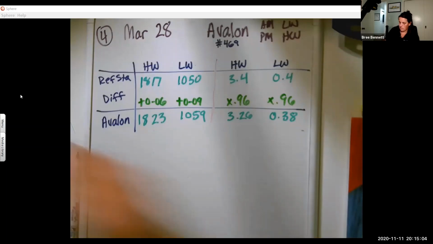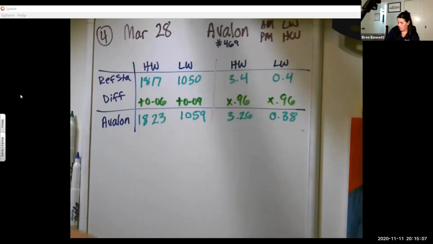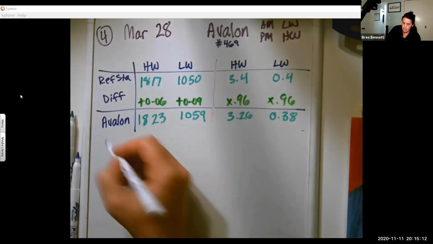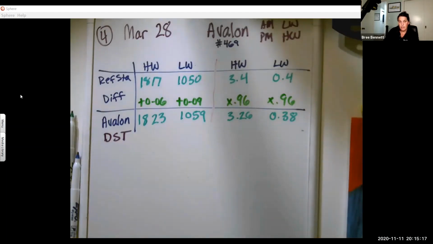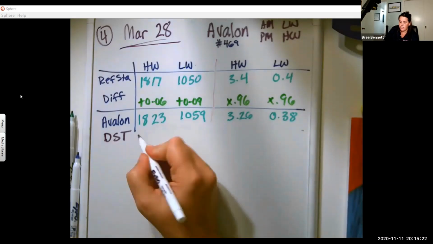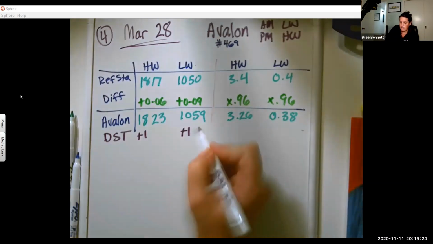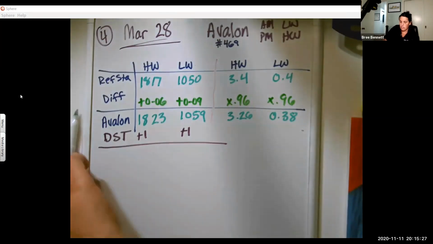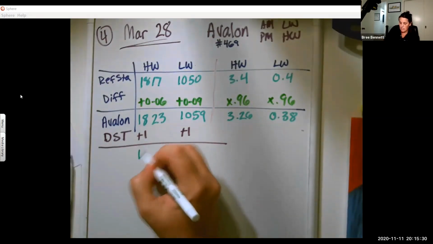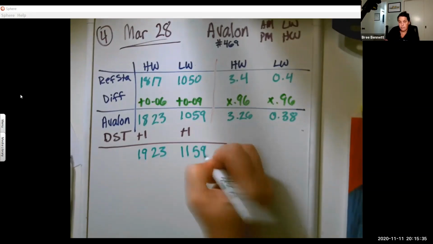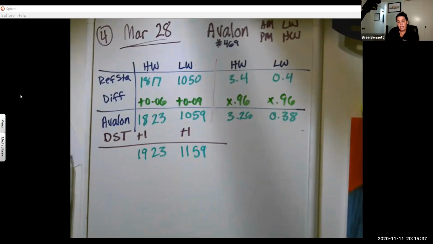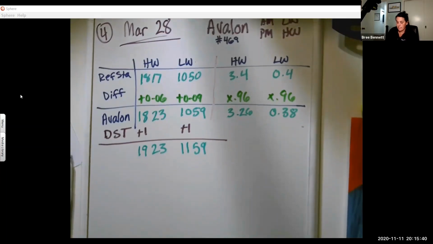So now let's add our daylight savings time. Because this is March, we have our daylight savings time. So we are going to add an hour. So I get 1923 and 11:59 for the time of my tides.